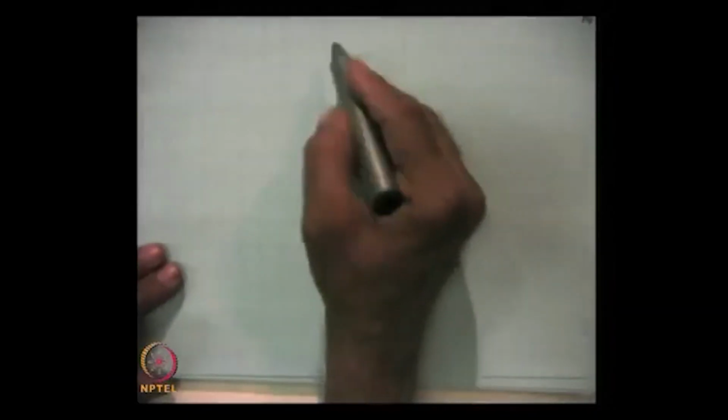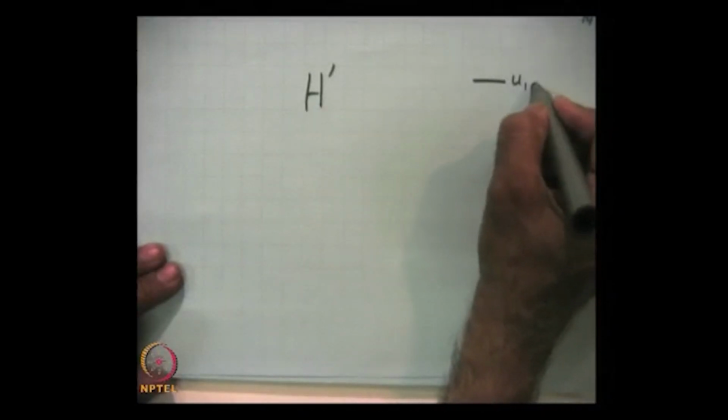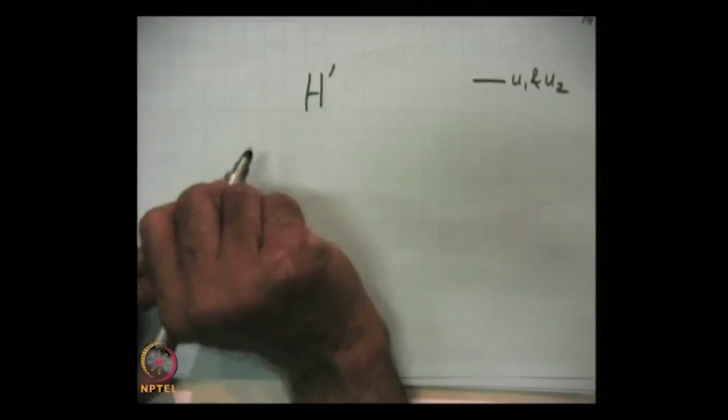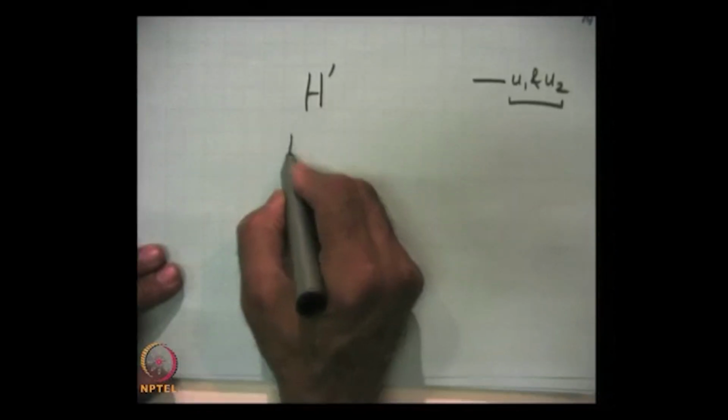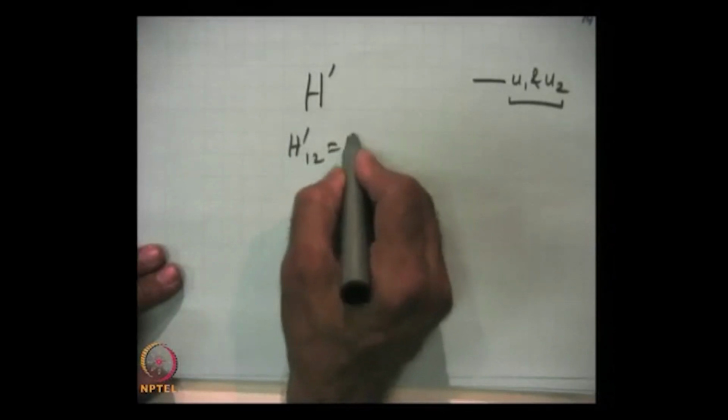So, what I mean by that is that if I have a perturbation which is denoted by H prime, and if we have two states u1 and u2 which correspond to a degenerate eigenvalue, I must choose such a linear combination such that H prime 1 2 and H prime 2 1 are 0.